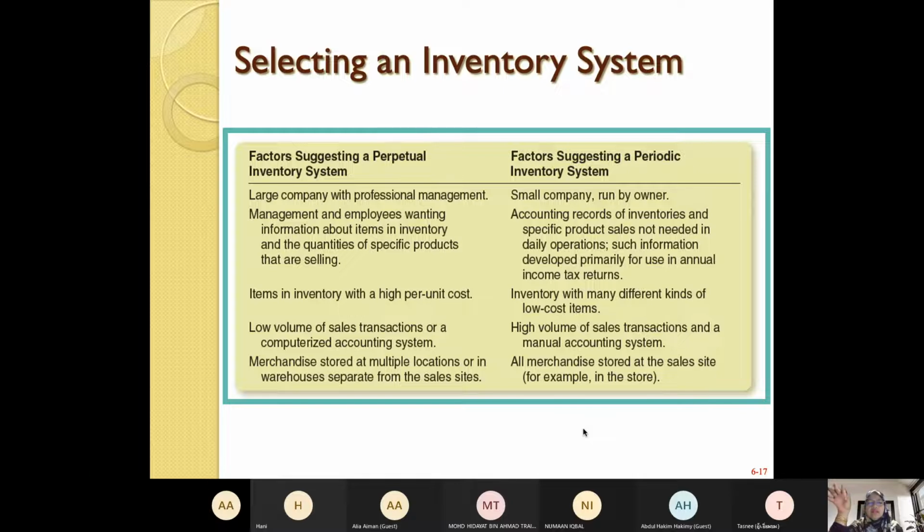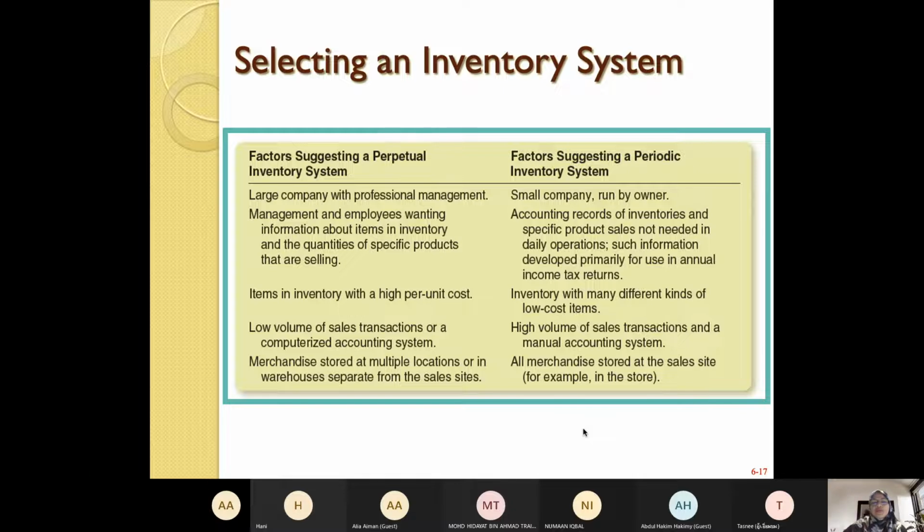And all your inventory that you purchase will be recorded, right? Every time you purchase, every time you make a sales, everything will be recorded. So in order for you to use a perpetual inventory system, you need a computerized system. If you don't have a computerized system, you may use a perpetual, but you can only have a low volume of sales transaction.